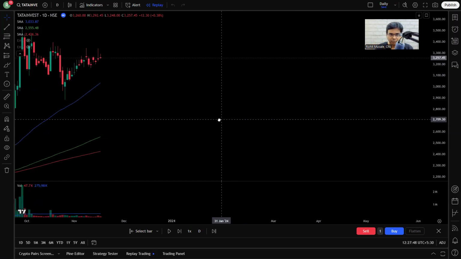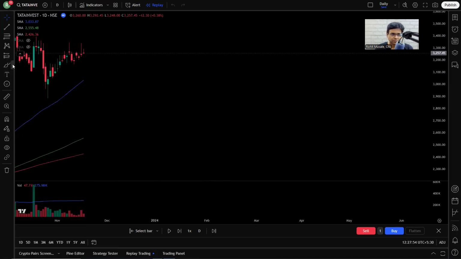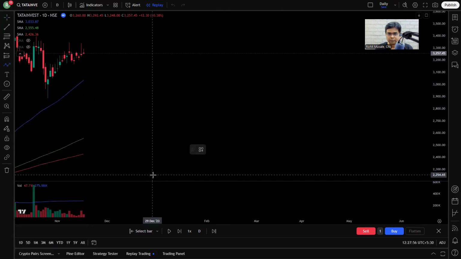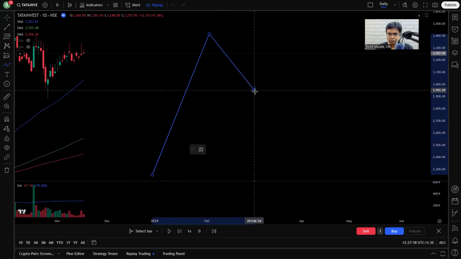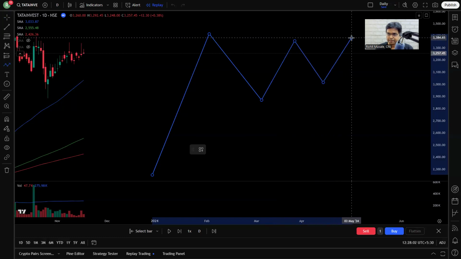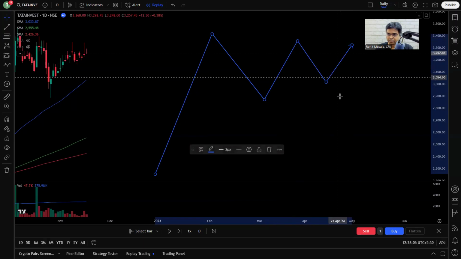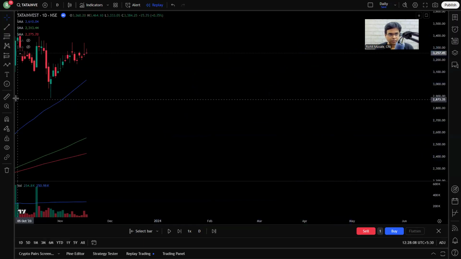So let me draw a base. This is about trade execution. So let's say this is a base. I will draw it again.